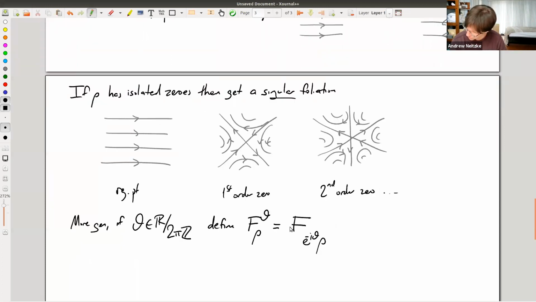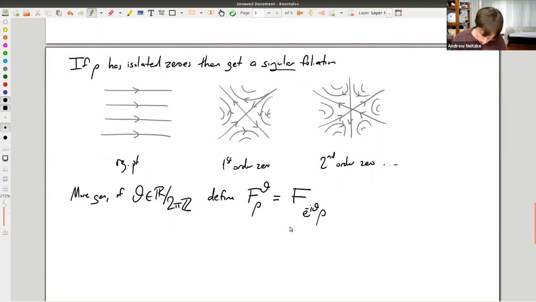Okay, now what are we going to use this for? We're going to use this not on our surface. On our base surface C, we don't have a one form. We're also not quite going to use it on the spectral cover. For an arbitrary theta, the singular points of the foliation will be the same.